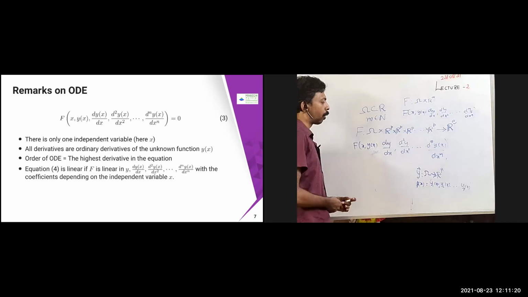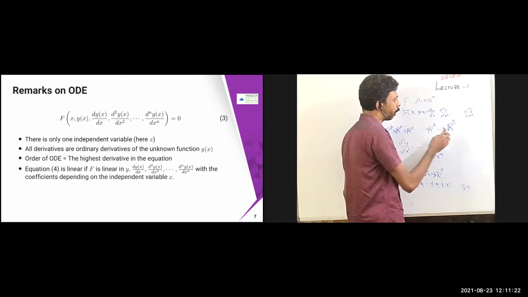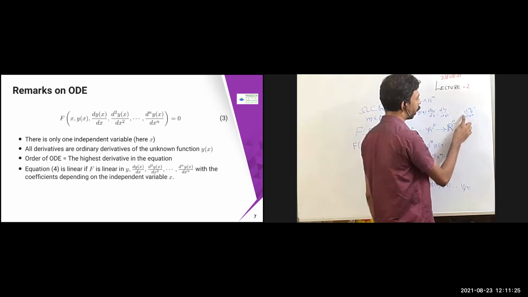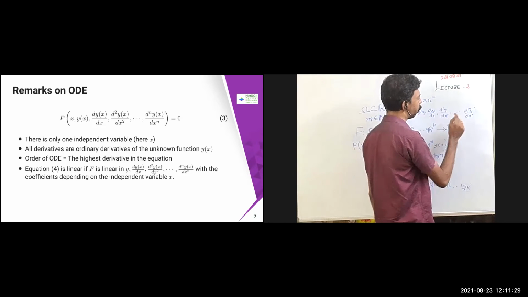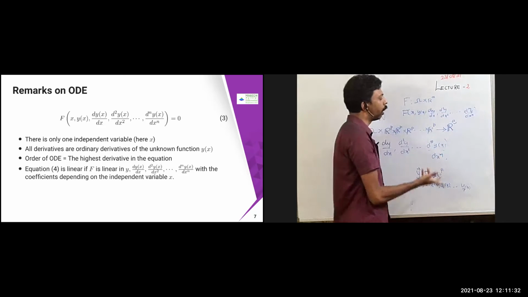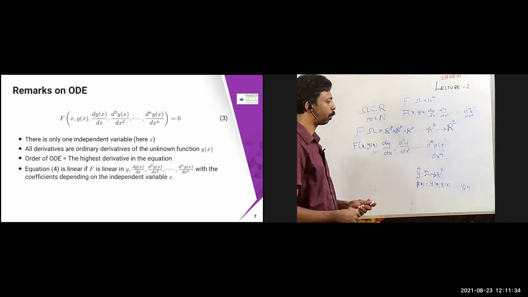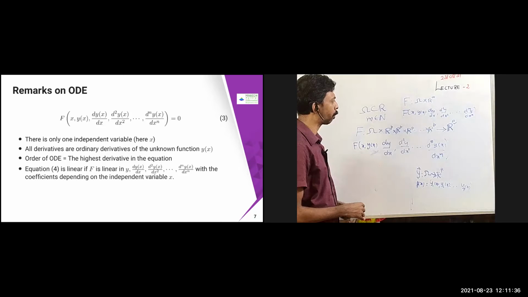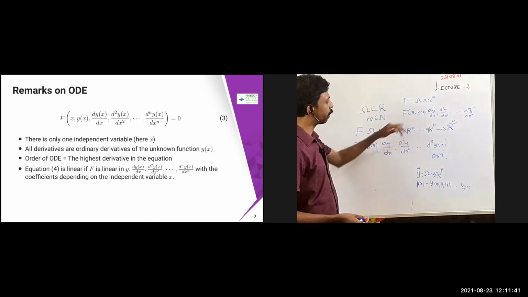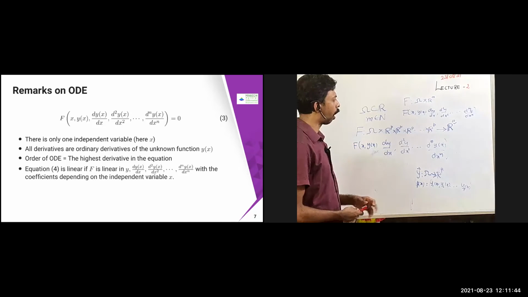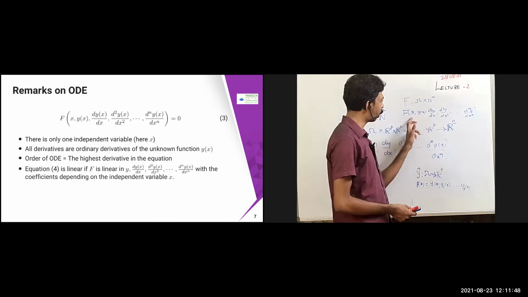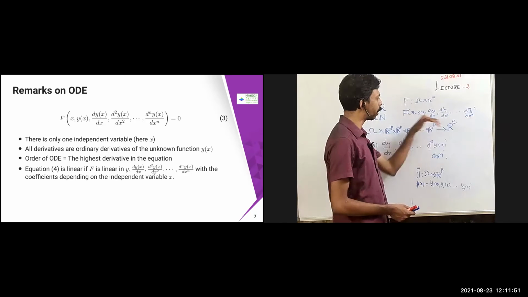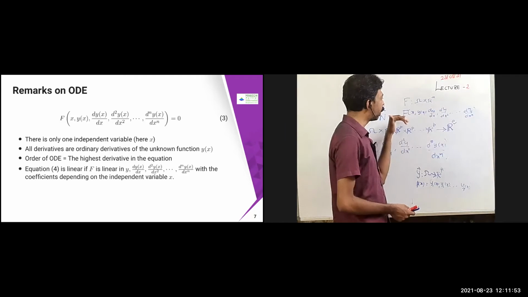So the order of the ODE, how do we define it? Suppose you have written this in terms of an equation, and if the coefficient of the highest derivative of the function is not zero, then that derivative gives the order of the ODE. We say F is linear if all the coefficients are appearing in this one. Suppose I have written this implicit function.